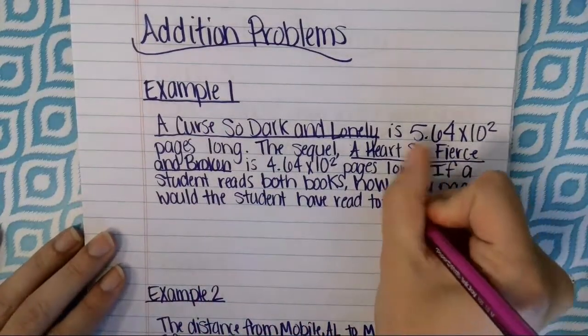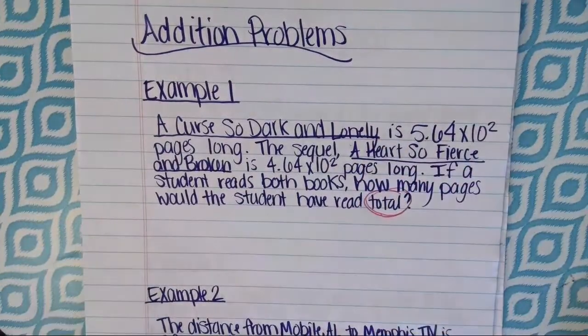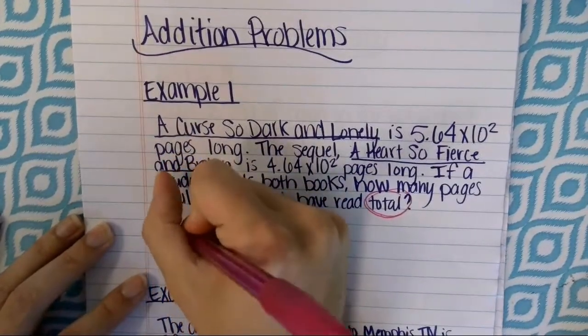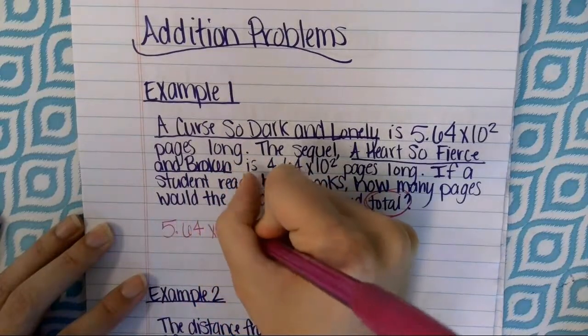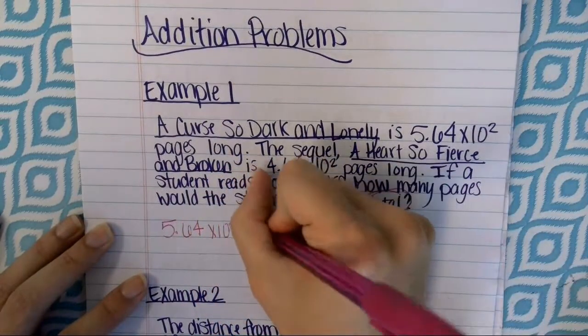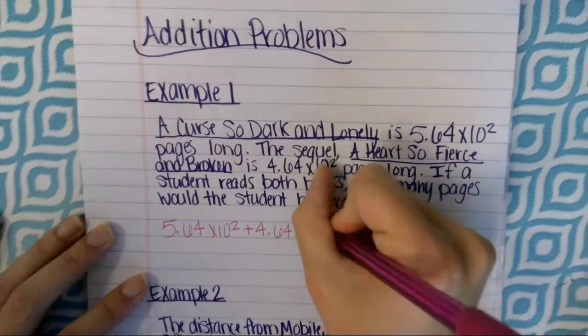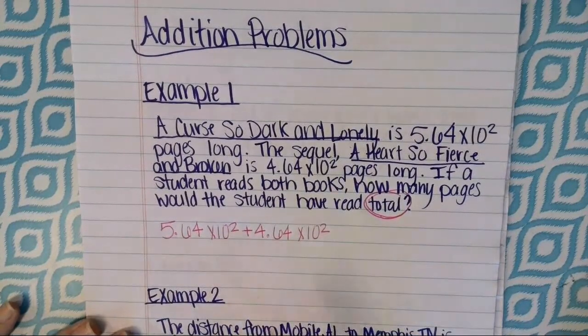So for me, this word total is what clues me that I need to add those two numbers together. So I want to add 5.64 times 10 squared plus 4.64 times 10 squared. When we're adding in scientific notation, the first thing that we need to look for is to see if our exponents match.